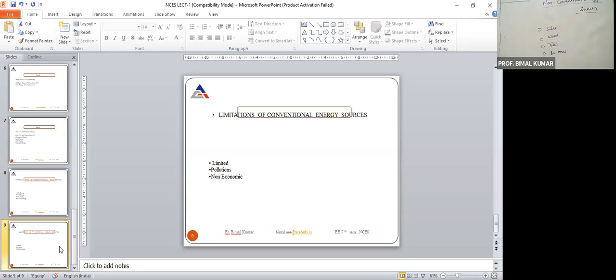Petrol, that is very costly, diesel very costly, nuclear fuel that are costly. So whenever I'm talking about the conventional sources, in that particular case, cost factor is also considered, right? It is very costly to produce electricity from conventional types of the sources.